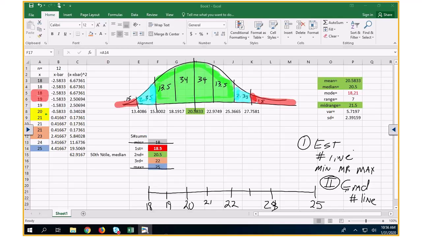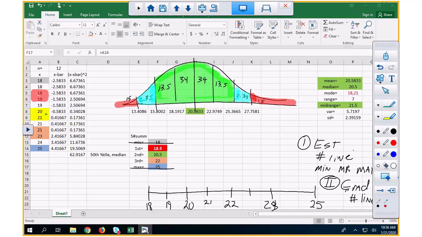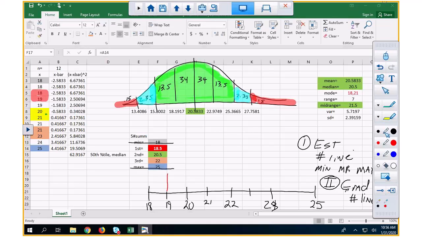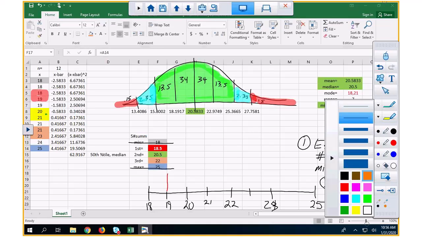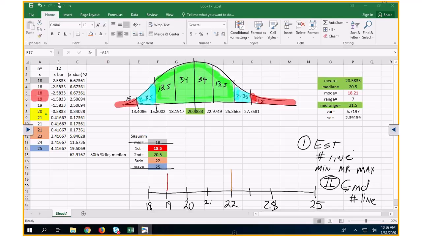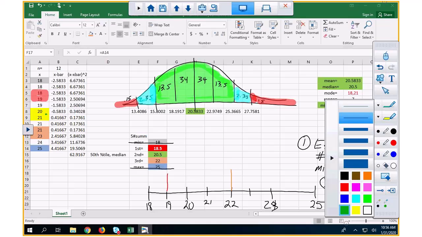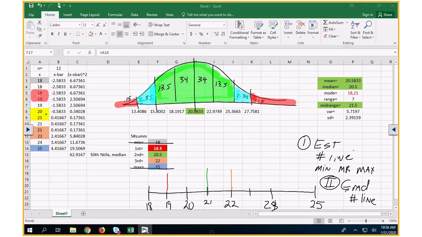So you take your red marker and you do 18.5, which is 19. And then you take your orange marker and you draw 22. And then you take your red marker, your green marker, and do 21. And that is your box plot.